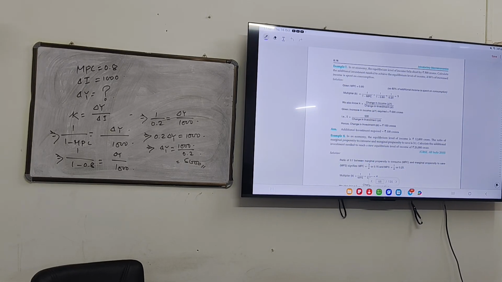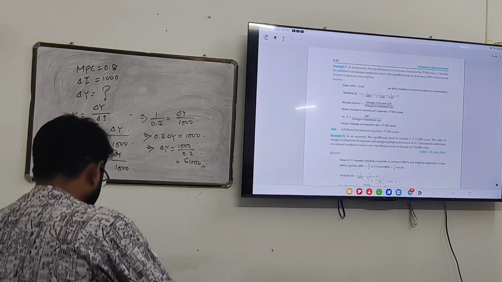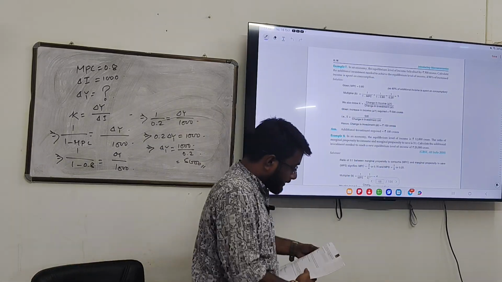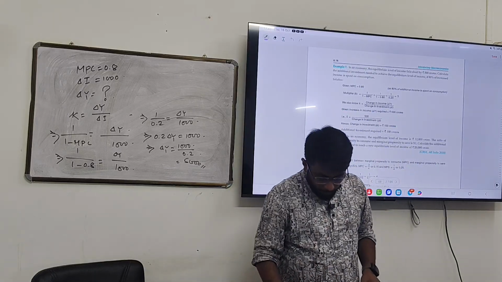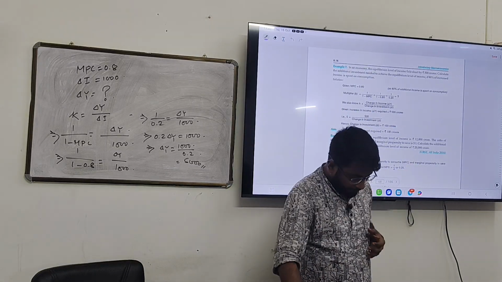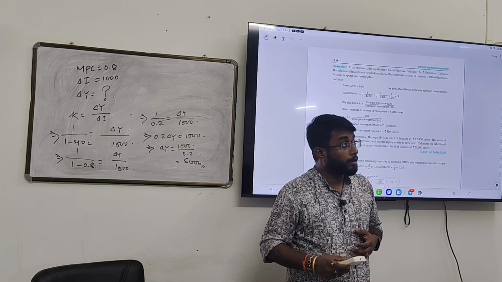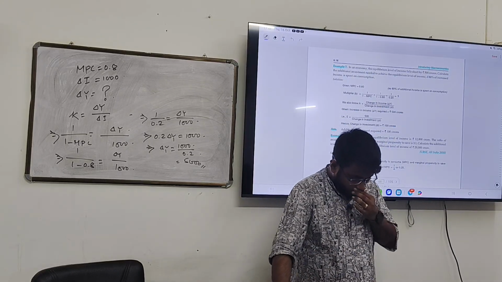Next question is, in an economy, the actual level of income is rupees 500 crore, whereas the full employment level of income is rupees 800 crore.